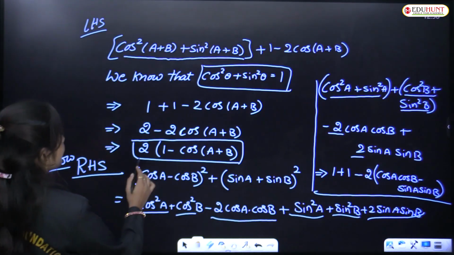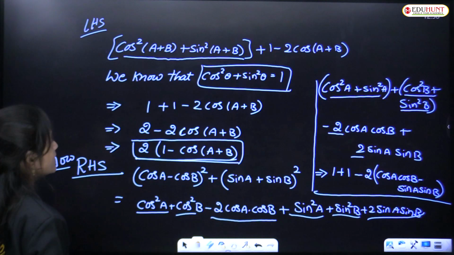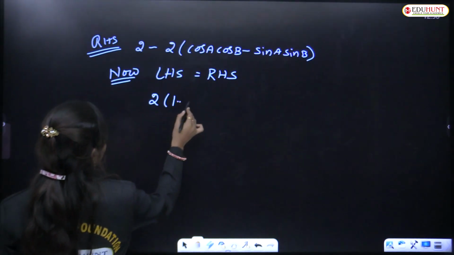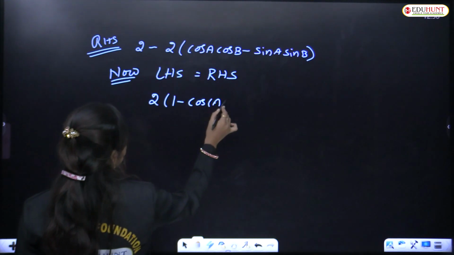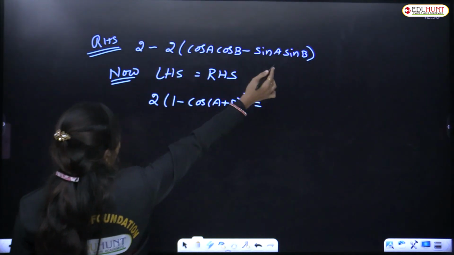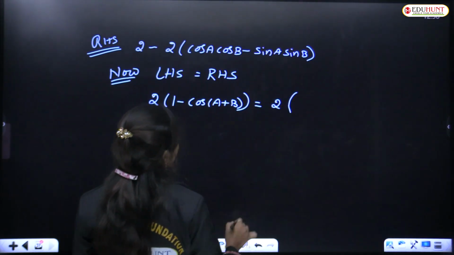So LHS we got as 2 into 1 minus cos of A plus B, which is equal to, what is that? Again from this 2 also we can take 2 as common, no?